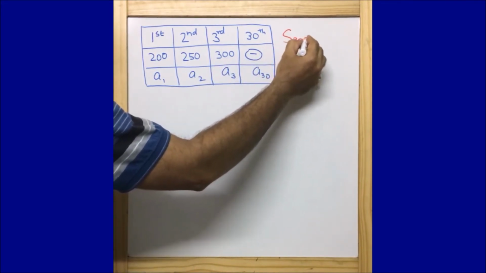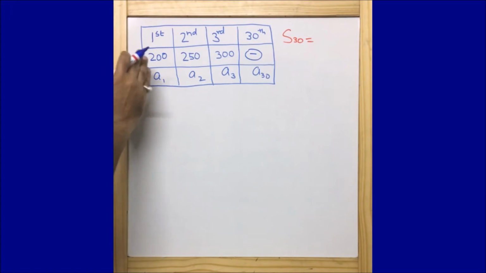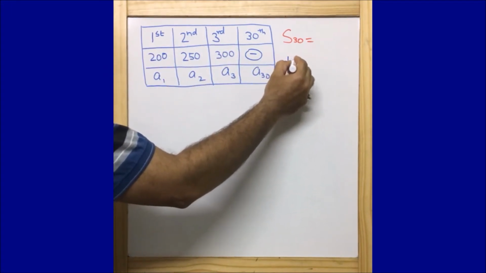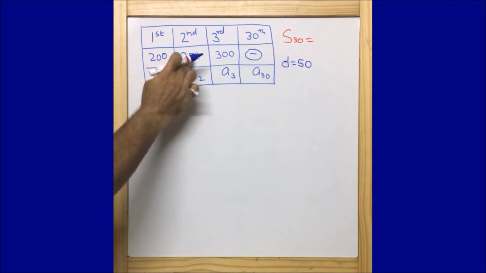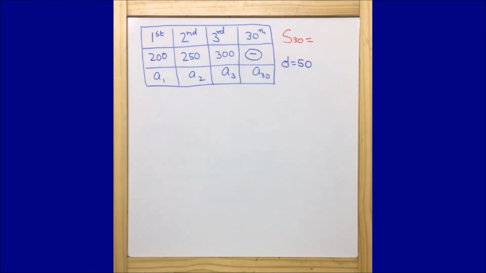That means we need to find S30. As I told you, this penalty keeps on increasing by 50, therefore our d value is 50 here. In other words, A2 minus A1, that is 250 minus 200, gives 50. So up to here it is pretty clear.